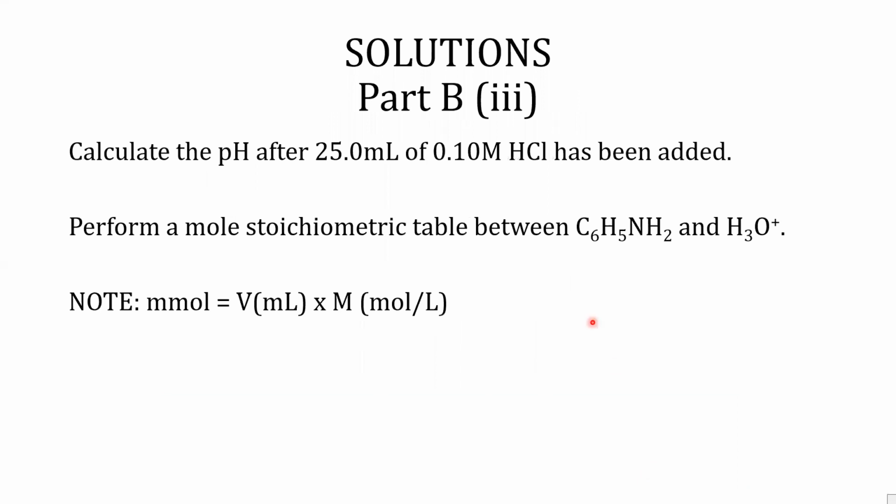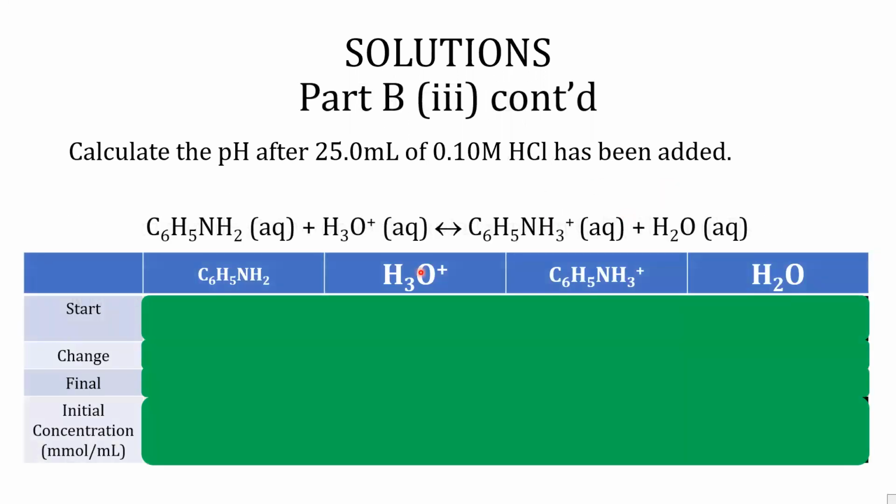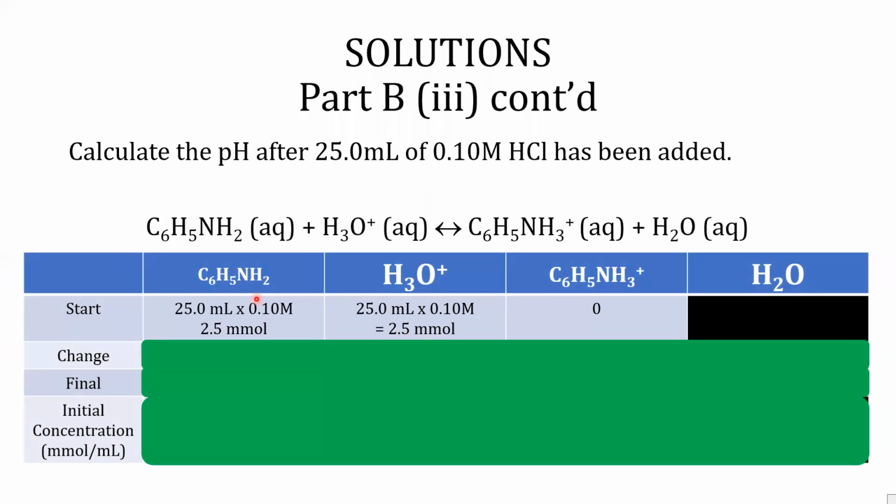The third problem is to calculate the pH after 25 ml of 0.10 M HCl has been added. The construction of an mmol stoichiometric table is performed. The mmol of C6H5NH2 and H3O+ are found by taking 0.10 molar times 25 ml, which equals 2.5 millimoles each.